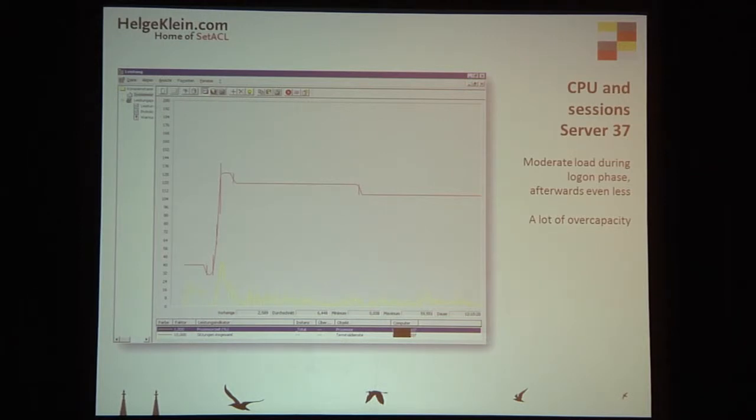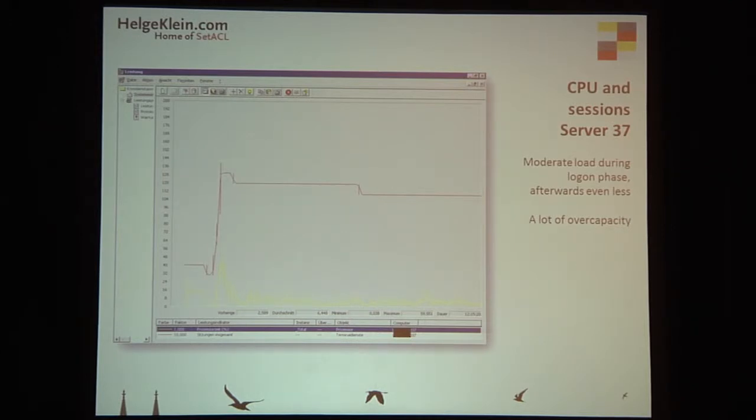A CPU that's idling means I've spent way too much money on CPUs. The CPUs are there for calculating, for computing. That's why it's called a computer. So a CPU load in the range of 50 to 60 or even 70% I would deem acceptable or even good to have in a XenApp server.